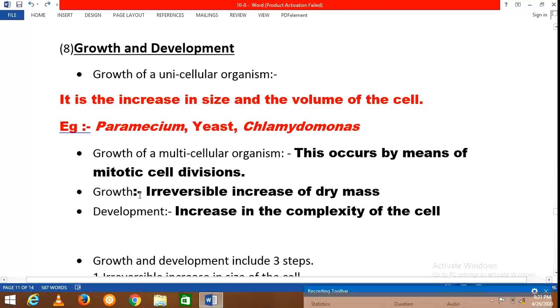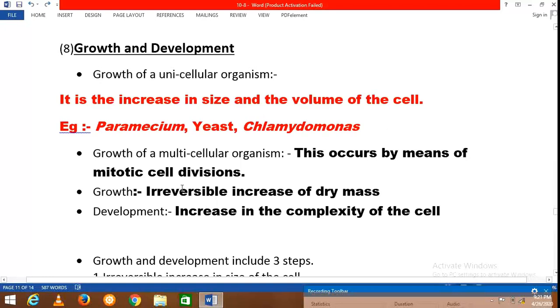So growth of a multicellular organism can be defined as the irreversible increase of dry mass, because once a cell absorbs water, its mass increases. But when we take the dry mass, it is the real growth, and it is an irreversible process. Once an organism is grown, we can't take it to the initial status again.